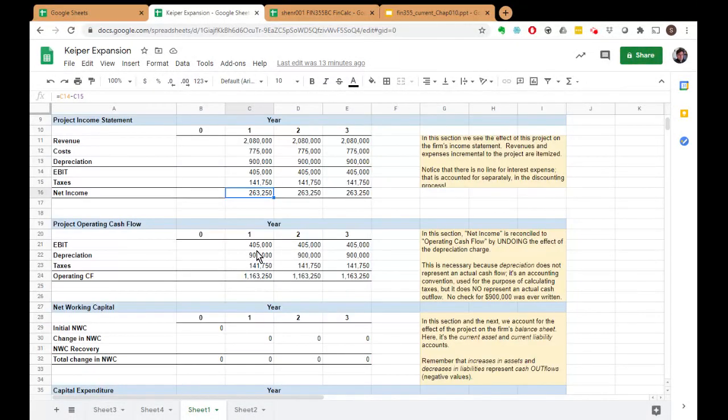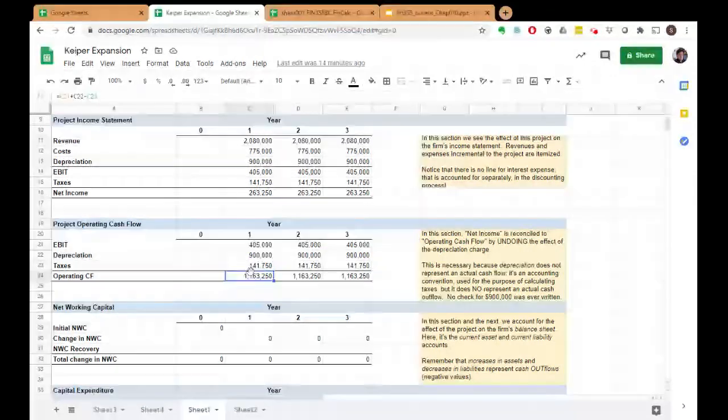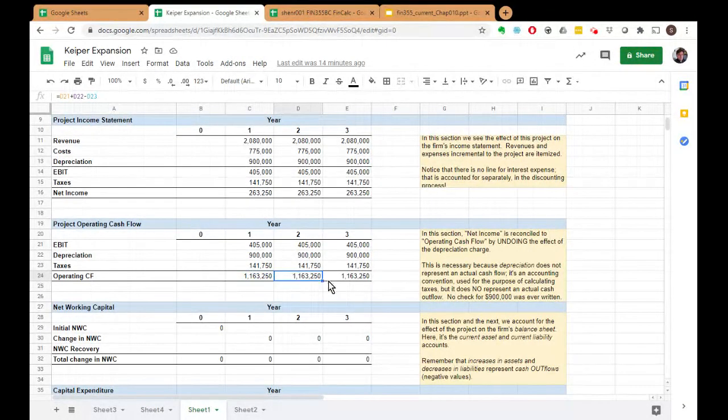The operating cash flow comes from taking EBIT, adding back depreciation, and subtracting taxes. There are other ways to do that. You can take net income and just simply add back depreciation. Either way, you wind up in the same place. We found this operating cash flow to be $1.16325 million, as we did on the previous slide.